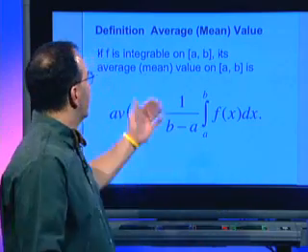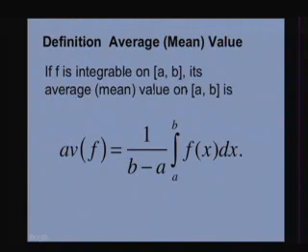The definition is: if f is an integrable function on the closed interval [a, b], its average, again the mean value on that closed interval, is given by the average of f equals 1 over b minus a times the integral from a to b of f of x dx.